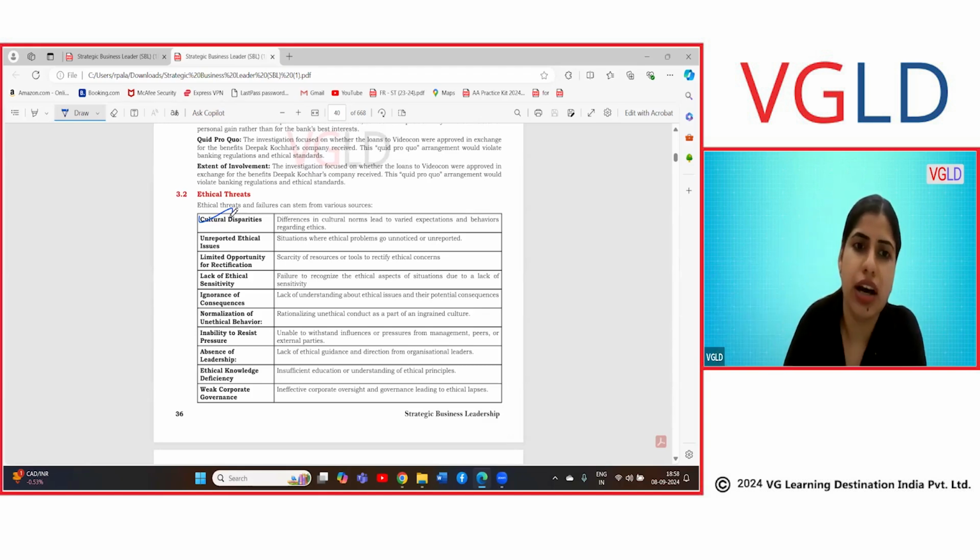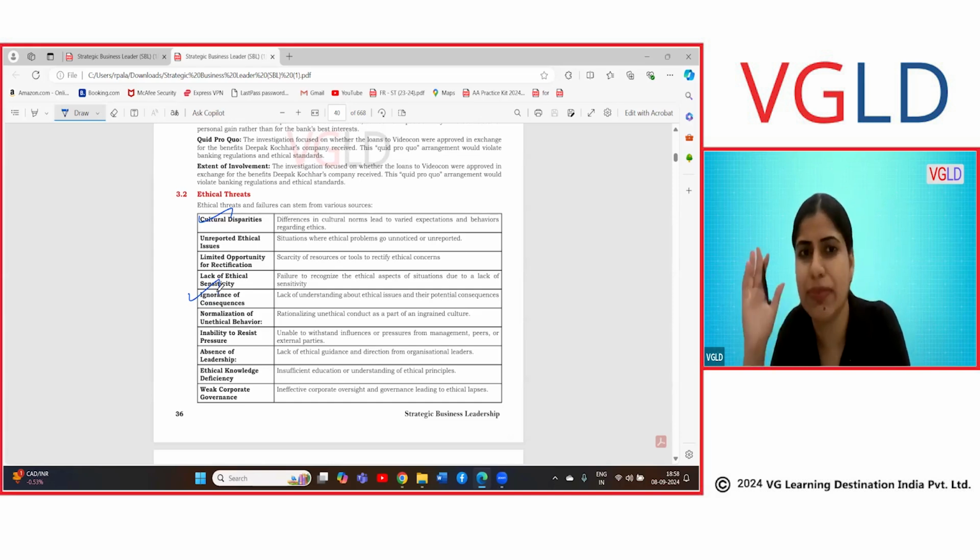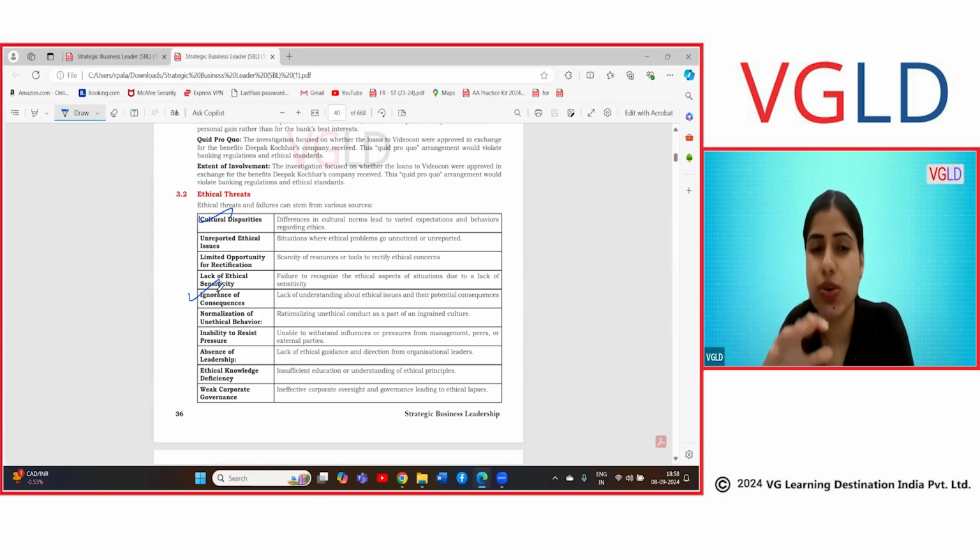Again, ignorance of consequences: we are not sure about the consequences and just say, let it be, we'll see it later on. These are factors which could create harmful ethical situations.